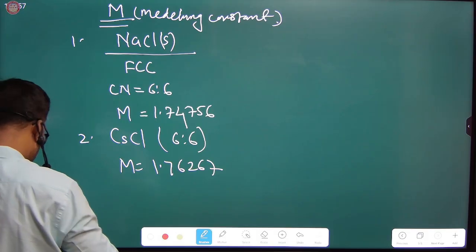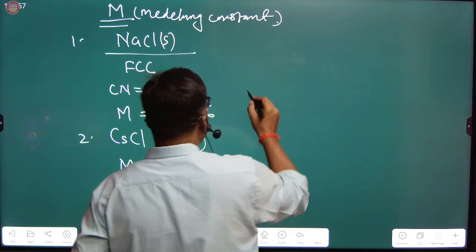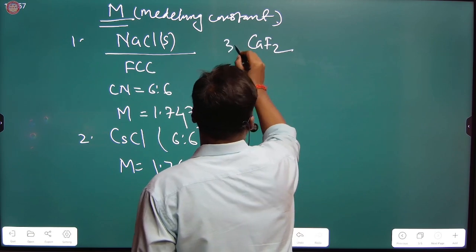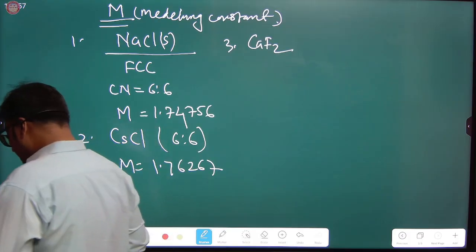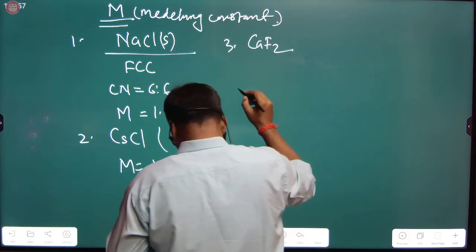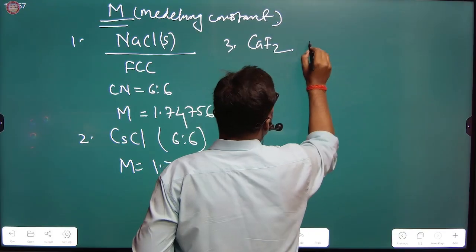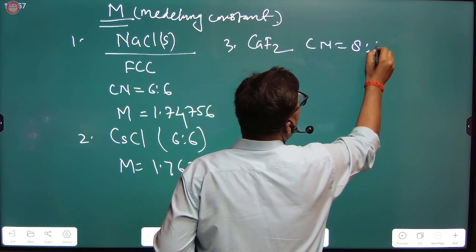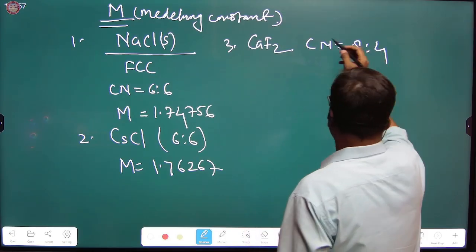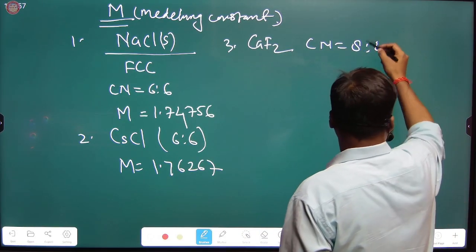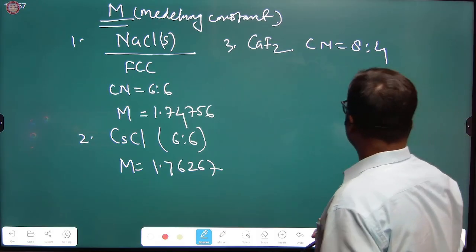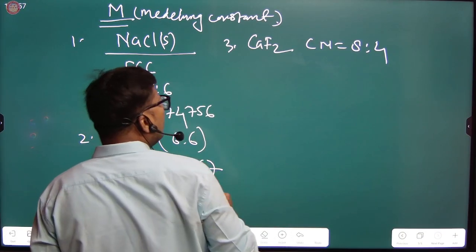And similarly, in case of calcium fluoride, CaF2, the third example, it has a cubic structure and a coordination number of 8:4. It means each calcium 2 plus is surrounded by 8 fluoride anions, and each fluoride anion is surrounded by 4 calcium cations.